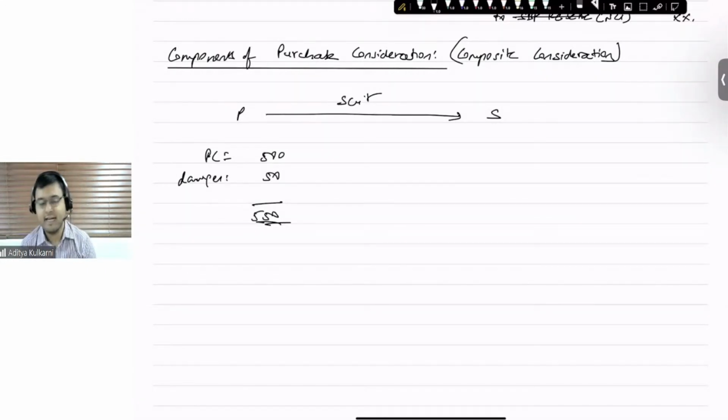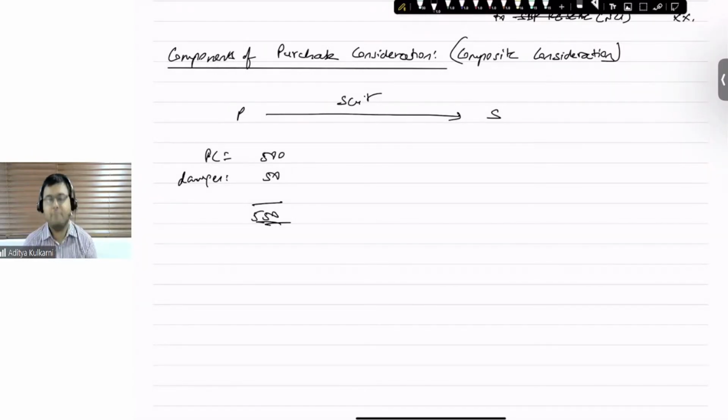Now the question that arises is, can this entire 550 be regarded as a purchase consideration? Given a choice between P and S, it does not really make a difference whether damages are charged or not, because on a consolidated level, damages will be income for one and expense for the other. It would ultimately get nullified.